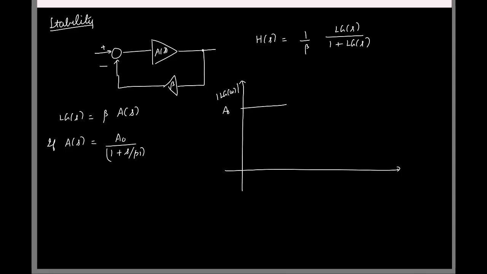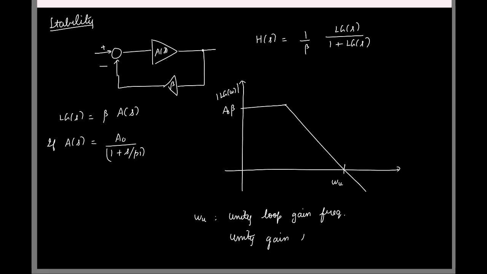It's constant, starts from A0 beta and then falls off with a slope of minus 20 dB per decade, and this frequency we called as omega u, standing for the unity gain or the unity loop gain frequency, and quite often it is also referred to as the unity gain bandwidth, or the UGB, okay?